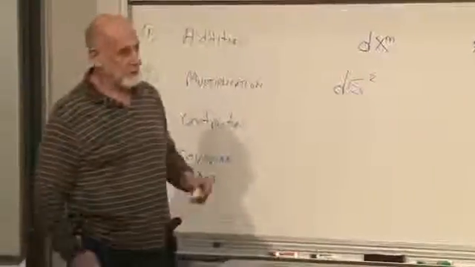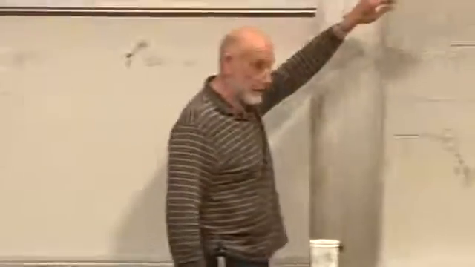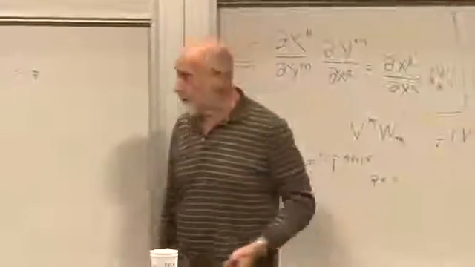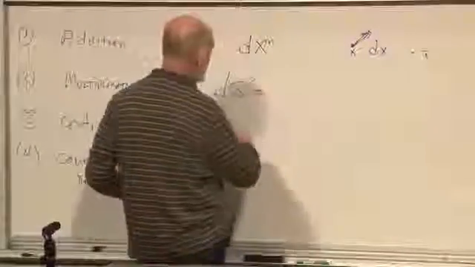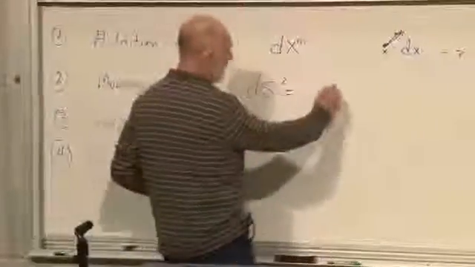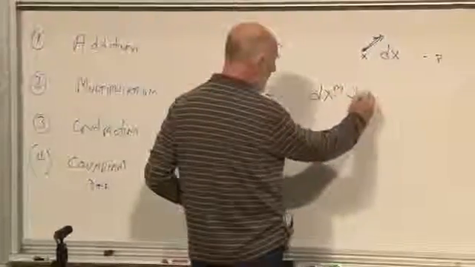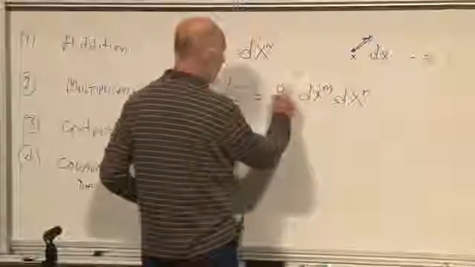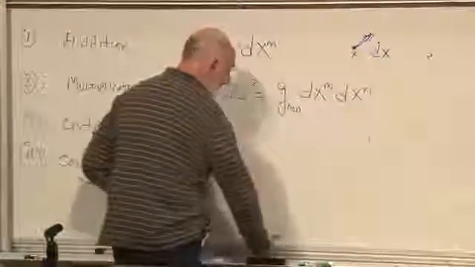But in coordinates which are not orthogonal, Pythagoras' theorem takes a more complicated form. It's still quadratic in the dx's, but it involves a dx^m and a dx^n and a quantity g_mn.